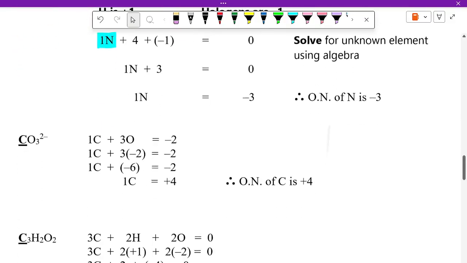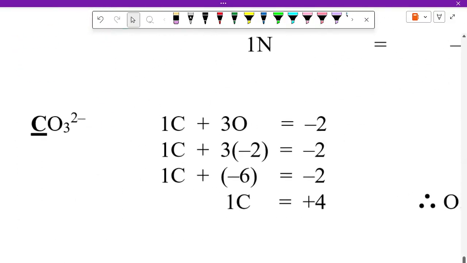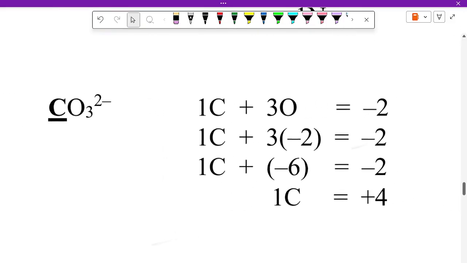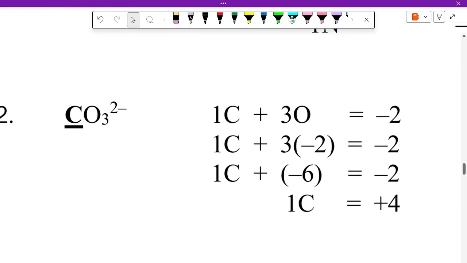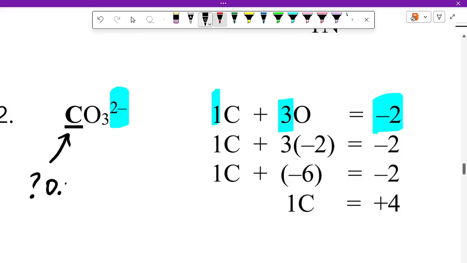We have time for one more. CO3 2 minus. We have 1 carbon. We have 3 oxygen, and that gives us an overall charge of negative 2. And we're being asked to find the oxidation number of carbon in particular. That means we need to know the oxidation number of oxygen.